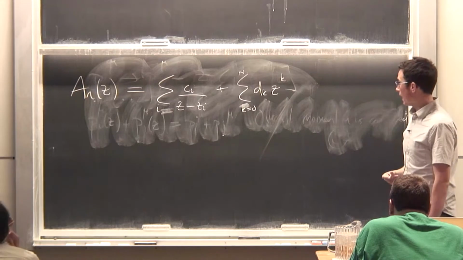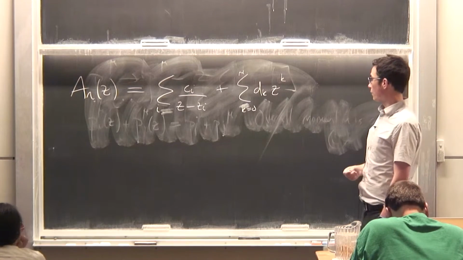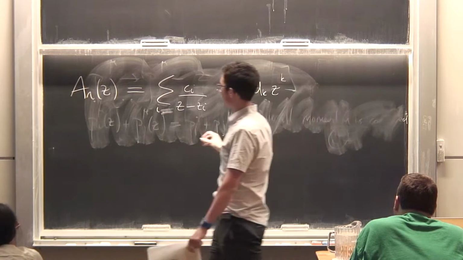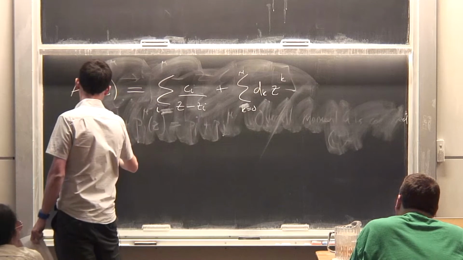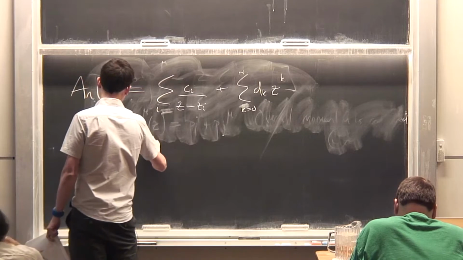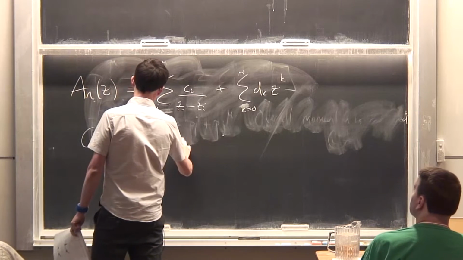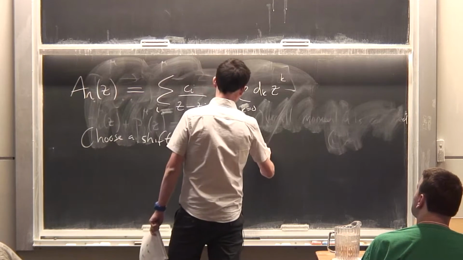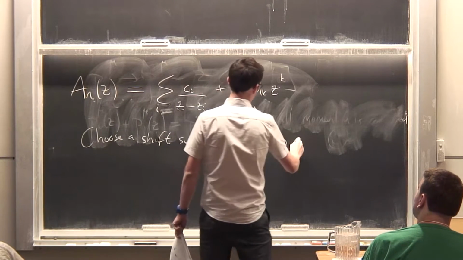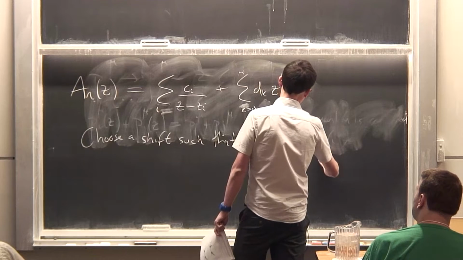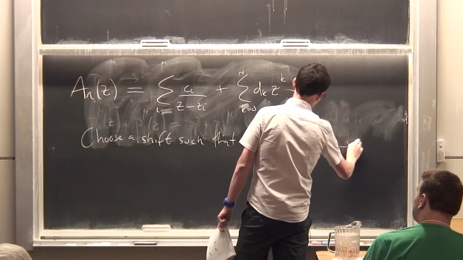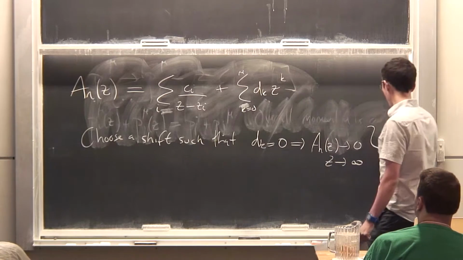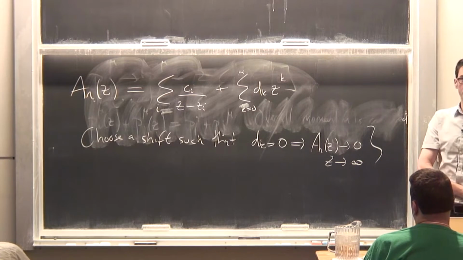Okay, now I would prefer if this thing didn't exist. So let's choose a shift such that d_k is equal to 0, which tells me that A_n of z goes to 0 as z goes to infinity. I would very, very much like to choose this shift.